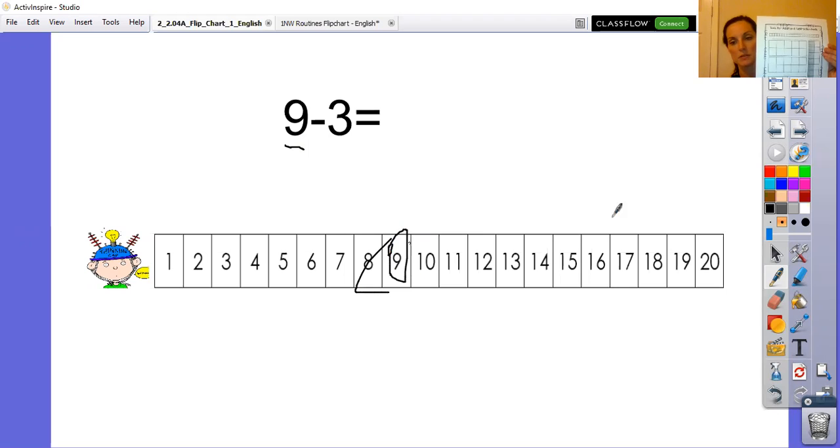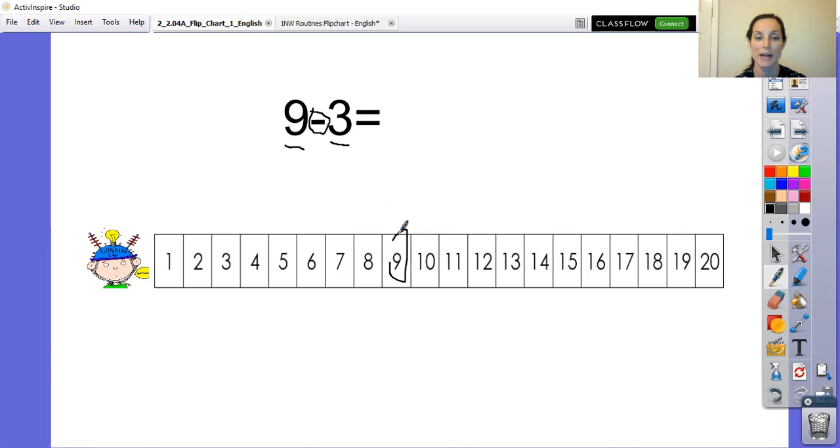Excuse me. And then looking at our sign. This is so important. Our sign is going to tell us exactly what to do, whether we need to count back or count on. When you see a subtraction symbol, this is counting back. Because remember, our number is going to get smaller. So how many times are we going to count back? This is our second number here.